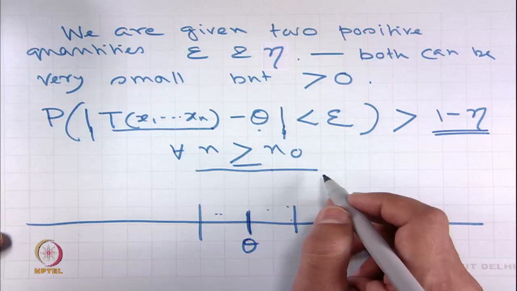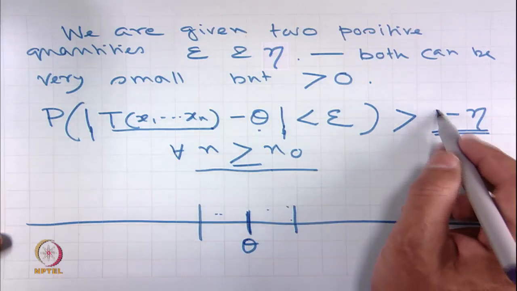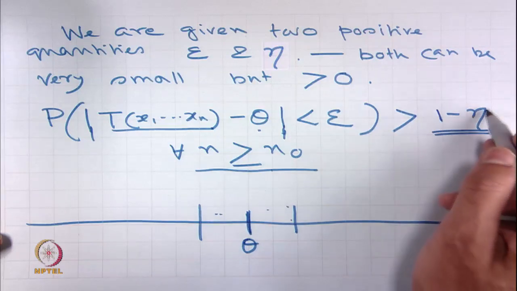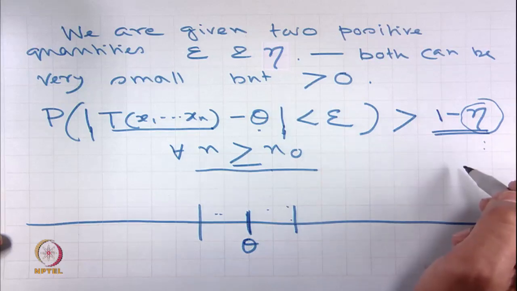That is, it can be made as large as you want, that is, it is greater than 1 minus eta, and eta can be however small you want.